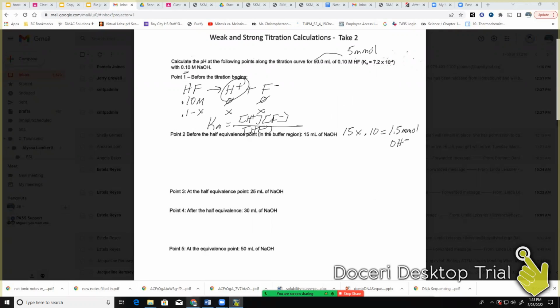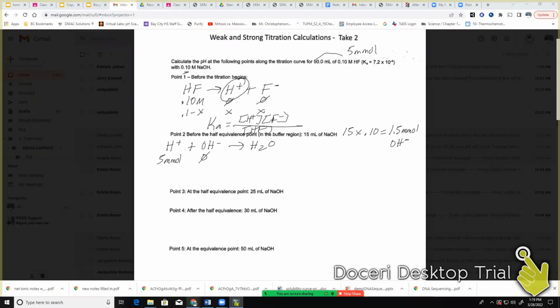Okay, so in between, when you go from starting adding something and before you get to the half point or the equivalence point, you can think of it as a basic neutralization reaction. My 5 millimoles, that's my acid, that's what I had to start off with.